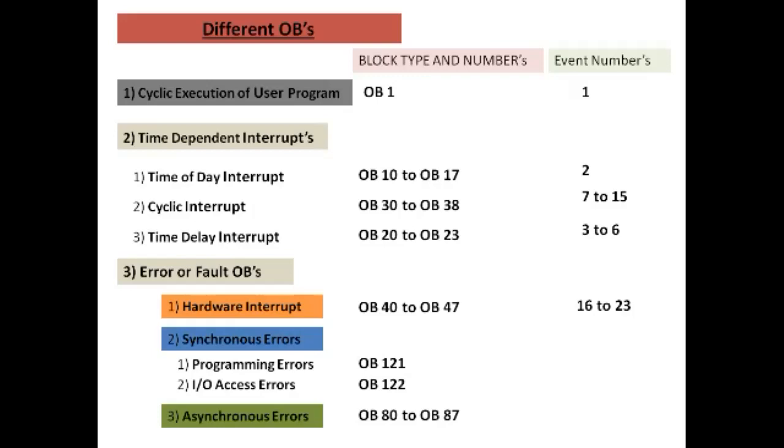If I set 150 milliseconds as the maximum time your CPU should take to scan your program, but it exceeds the time, it shows an error. Similarly, rack faults. These OBs range from OB number 80 to 87, and they have 27 to 28 as event numbers.